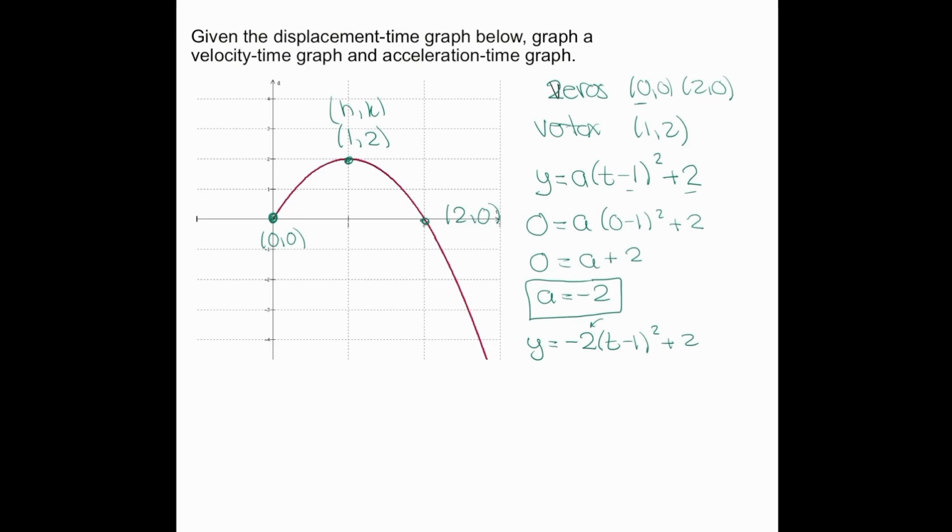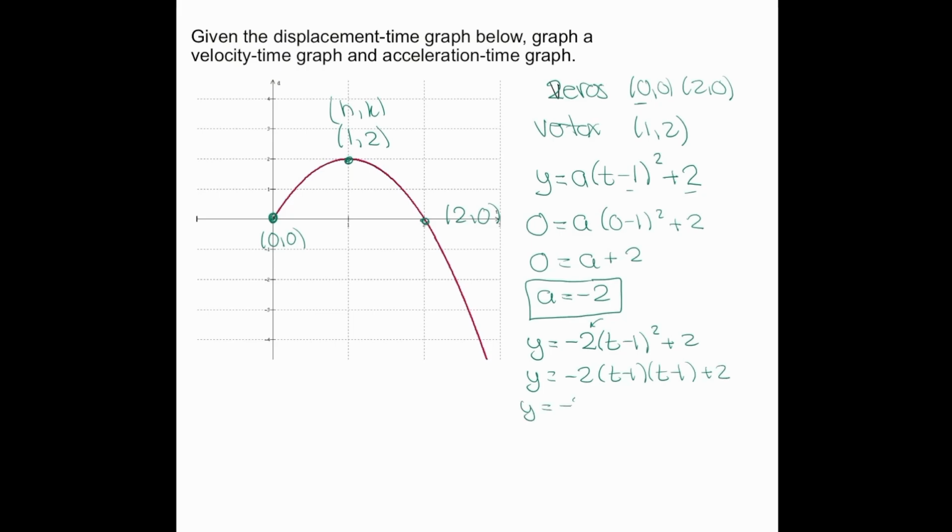So now we're going to expand this out and simplify it. When we expand it out, we want to get it into standard form so that we can take the derivative of it. So we end up with negative 2 times (t minus 1) squared plus 2.